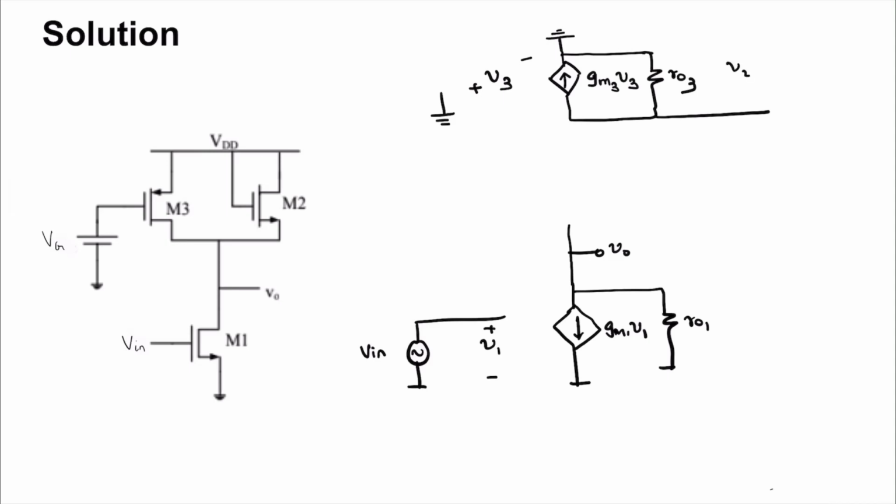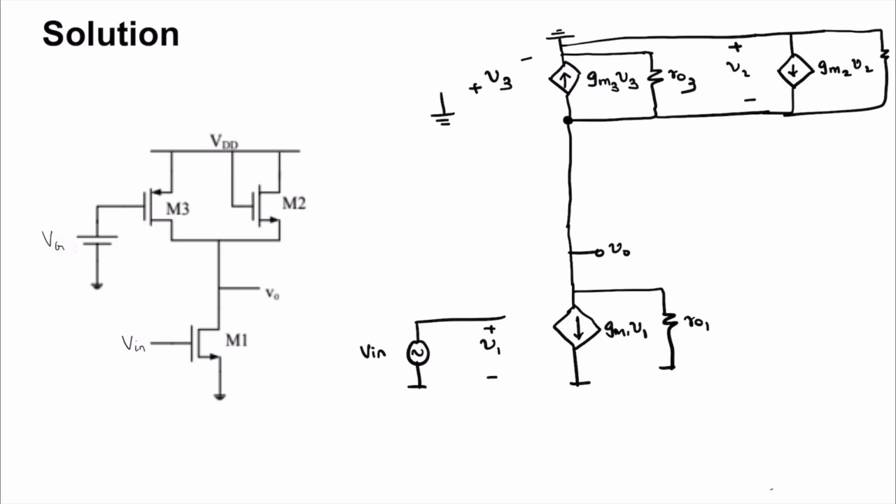V2 is between VDD and the output node Vout, and you have a current source gm2 V2 in parallel with ro2. This is the small signal equivalent of this.